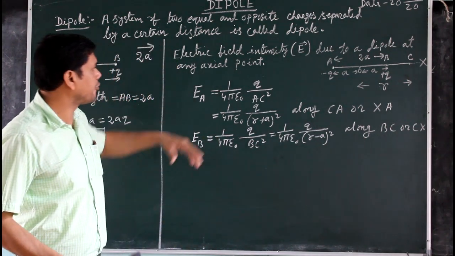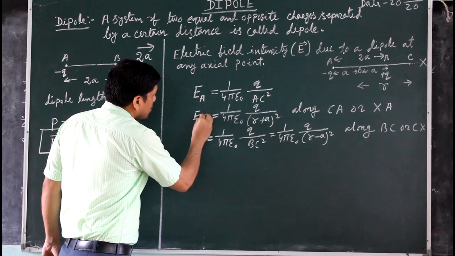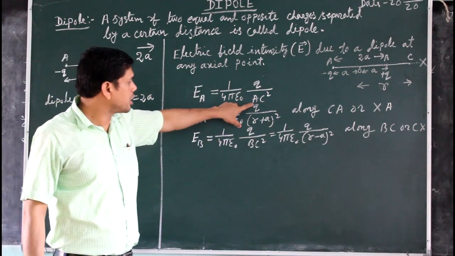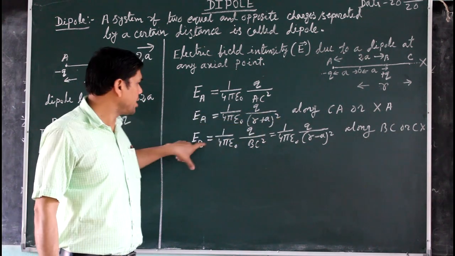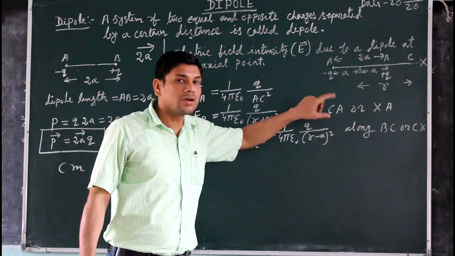So we have now EA equal to 1 by 4 pi epsilon naught q by r plus a whole square, and EB equal to 1 by 4 pi epsilon naught q by r minus a whole square.